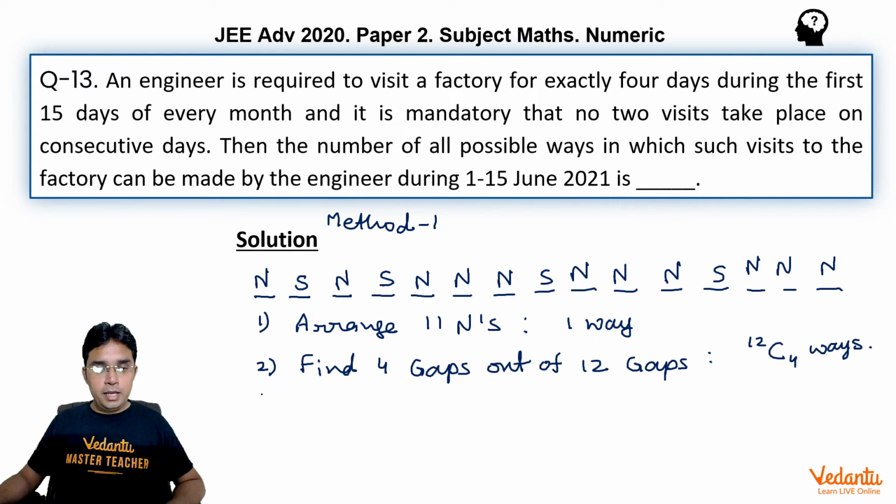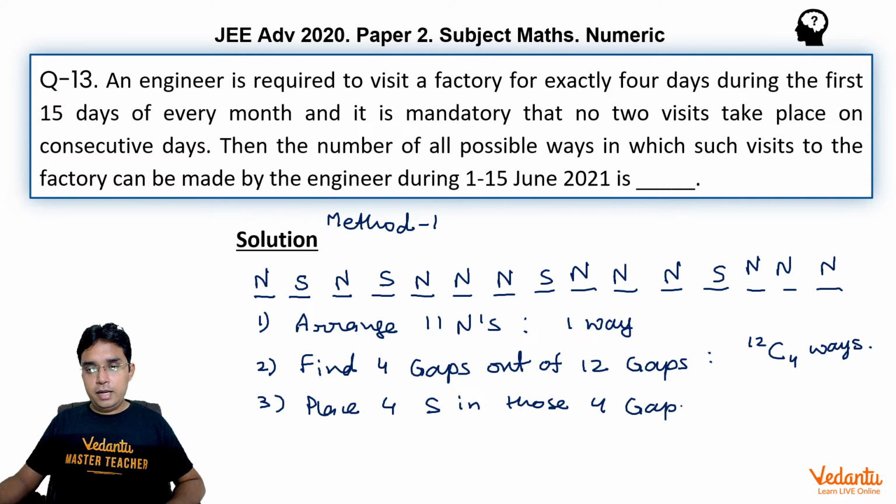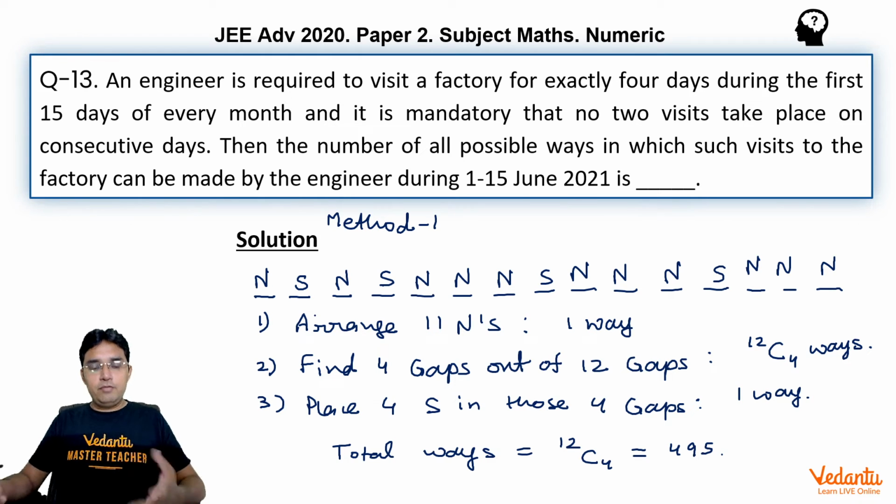Then just place those 4 S in those 4 selected gaps, and that will again be done in only one way because all S are identical. So the total number of required ways would be just 12C4, which is 495. Answer. One very simple question.